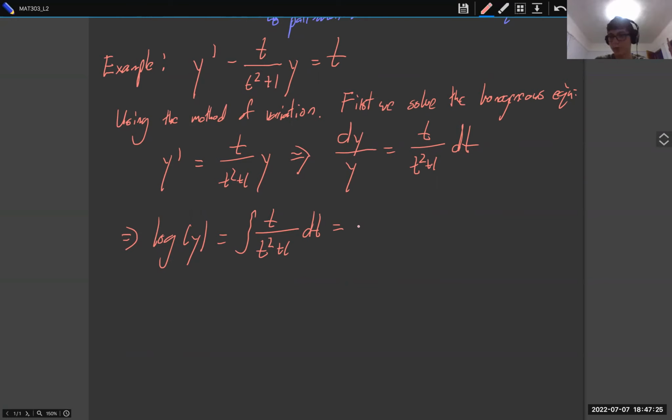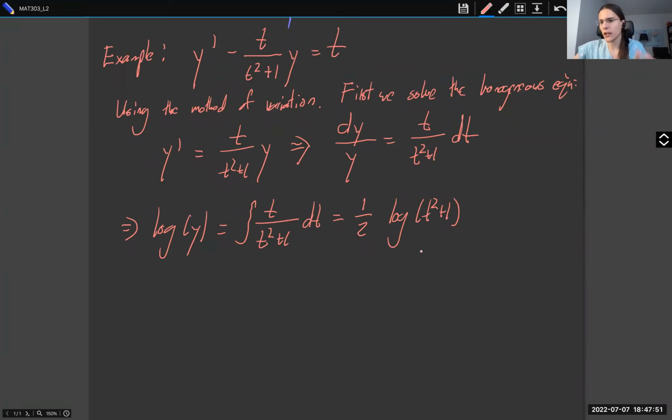One half log of t squared plus 1. Yes. In particular, you make the substitution u is t squared plus 1, then its derivative is 2t, and so that's why we get a half. Now remember that we just want a particular solution of the homogeneous equation. We don't care about constants, because we're going to use it as an ansatz.